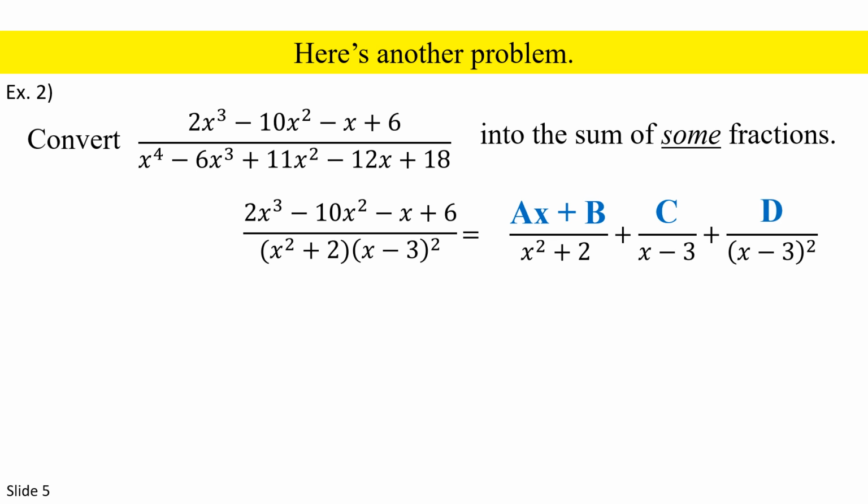Again, the x squared plus 2 is quadratic, so it's going to get a linear numerator. X minus 3 is linear, so it's going to get a constant. And x minus 3 quantity squared is still linear, so it's going to get a constant numerator.